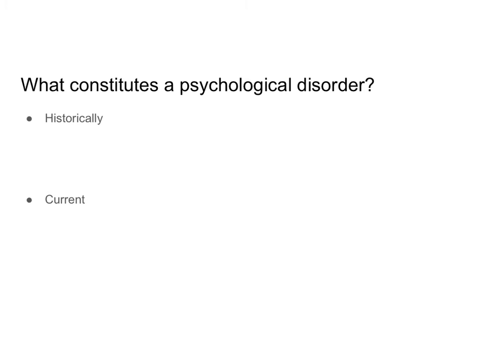So, how do we know if something is technically a psychological disorder? Well, the first hospital to treat mental illness was actually in Baghdad in 705. And this was the first place for people who were considered abnormal.